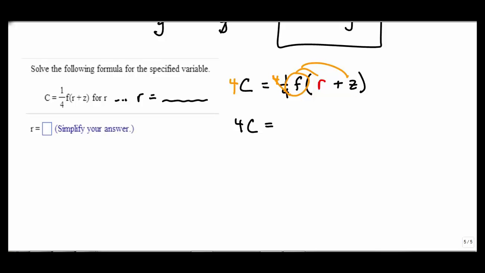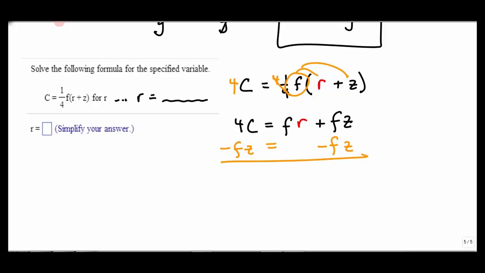When I distribute this through, I have f, lowercase f times lowercase r, plus fz. Now remember, I'm trying to solve for r. So to get r by itself, my next step would be to subtract the fz. Now this one is lowercase z.